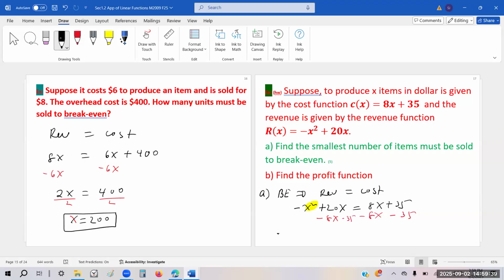So you end up getting negative x squared plus 12x minus 35 equals 0. And this is actually the profit function. You did revenue minus cost. This is what you did here. But now to solve for x, you don't like negative x squared, so you can multiply everything by -1.